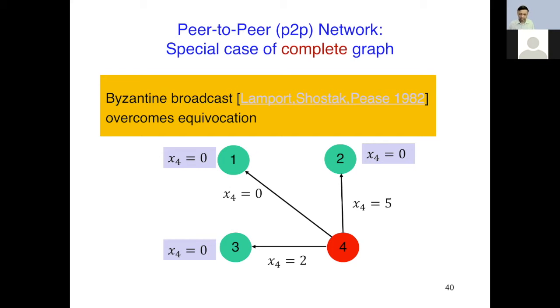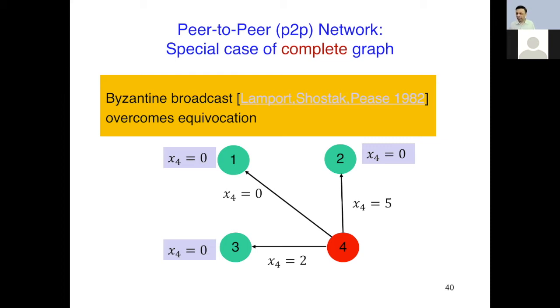I won't discuss the details, but there exists something called the Byzantine Broadcast algorithm that was proposed more than 30 years ago now, which essentially defeats equivocation. The algorithm takes many rounds of messages. However, at the end of it, we can be sure that every agent, in this case agents 1, 2, and 3, will accept the same, identical value from agent 4.